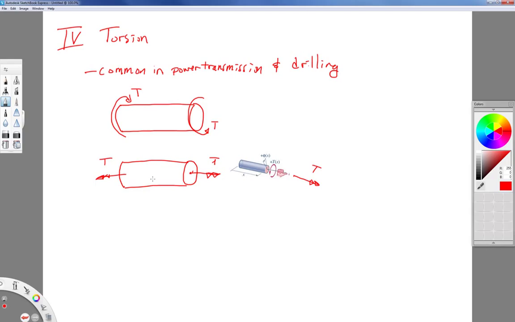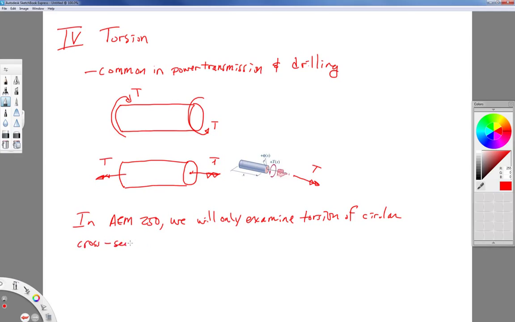Now, you can apply torsion to any kind of cross-section, but in AEM 250, we're only going to look at torsion of circular cross-sections. In other classes, if you're in mechanical engineering, you'll take machine design.